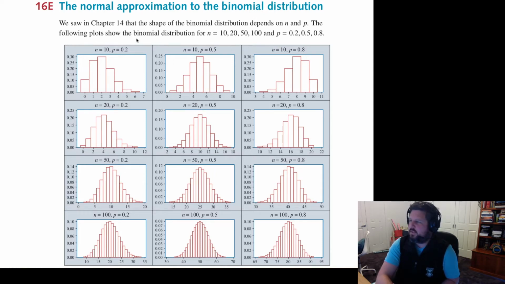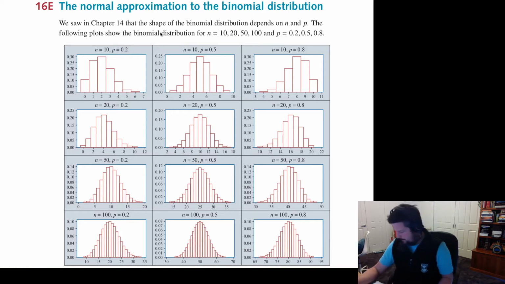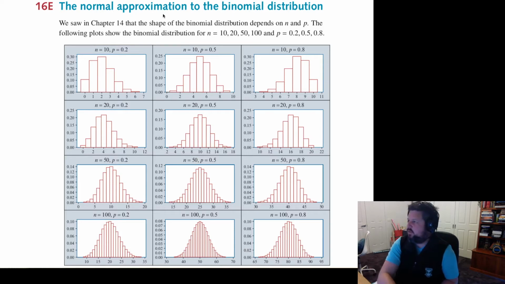What you should be able to see here is that if you've got a small n value and p is close to 0 or close to 1, these distributions can be skewed. Here you've got a low n value and the p-value is close to 1, and you can see the data is skewed.